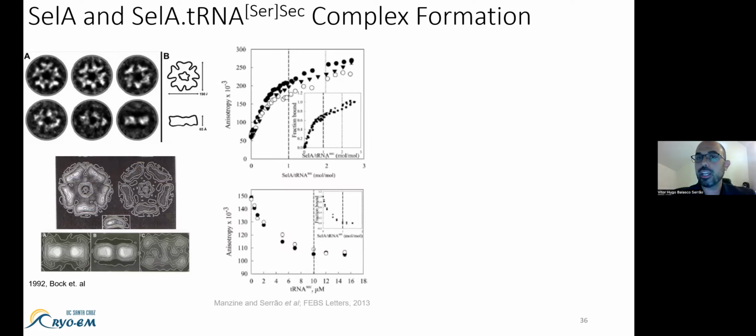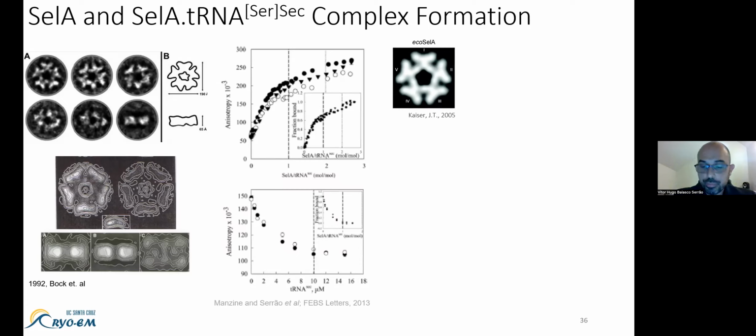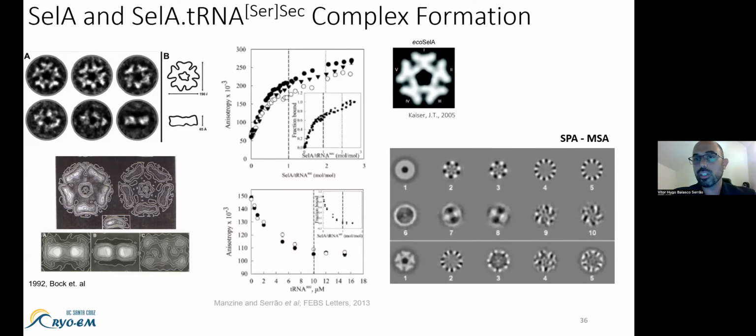So the idea was, okay, why don't we just repeat and do EM and try to figure out, not only looking into the conservation of the densities, but using more sophisticated analysis, right? So we do have all the 5 subunits of SelA that were really canonical, and I hope you can identify that we have a 5-fold symmetry axis, right? So it's a D5 symmetry. And once you bind to tRNA, it might be broken if you have 5 tRNAs, right?